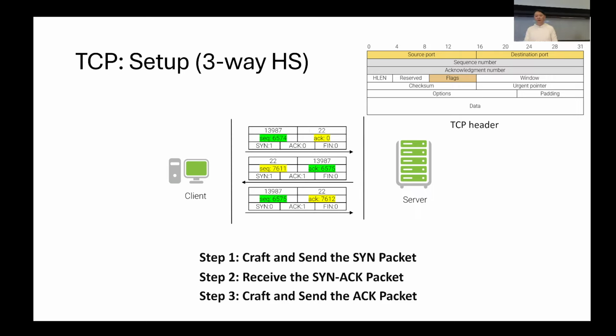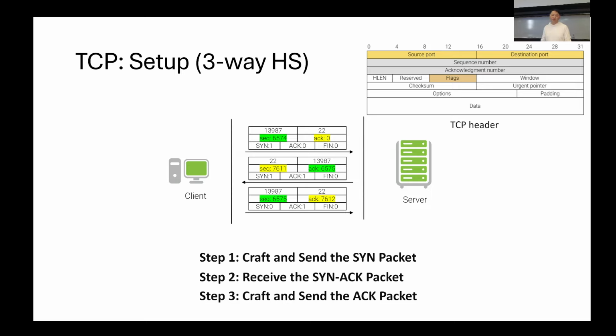Yeah, and in the data transmission phase, it's different. You have to add the length of the data to the sequence number. I will explain later. If you'd like to craft this three-way handshake, actually level 11 requires you to perform this handshake manually.